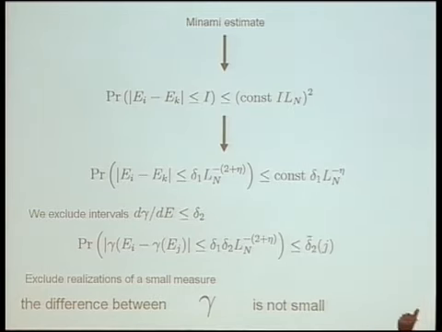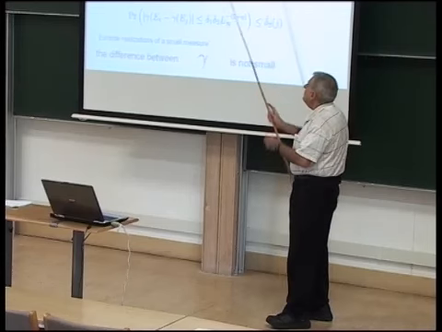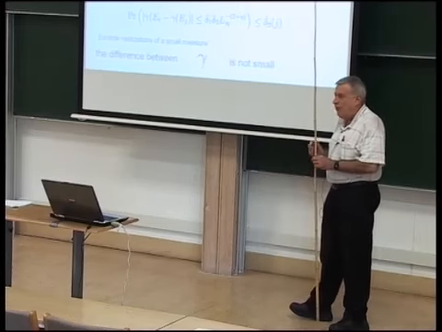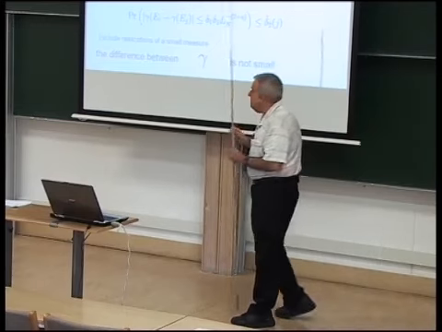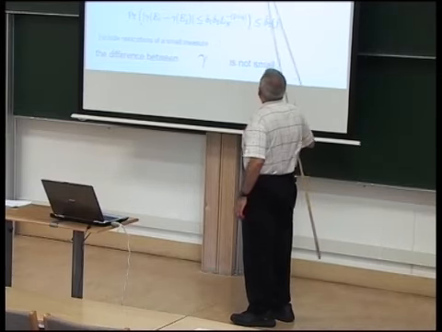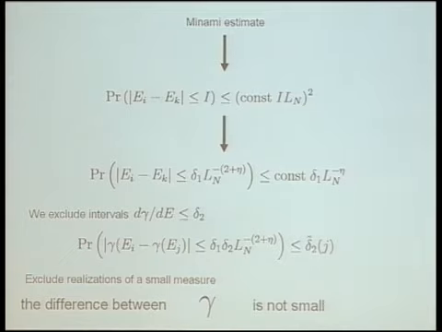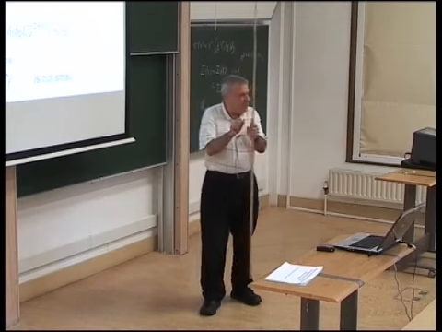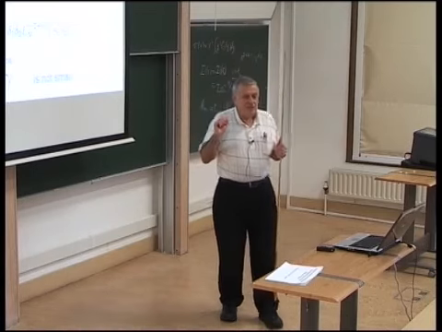So if you take this interval to be smaller, like 1 over the size of the system squared, you find a probability that goes to 0 when the size of the system goes to infinity.